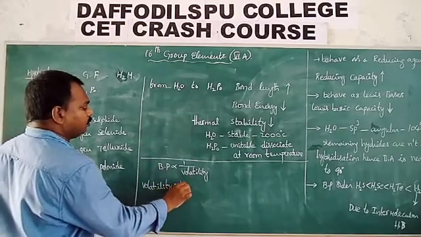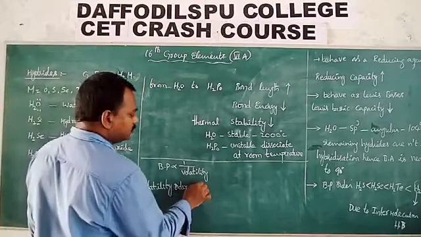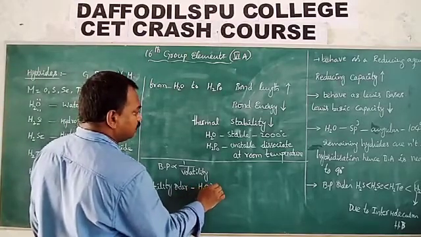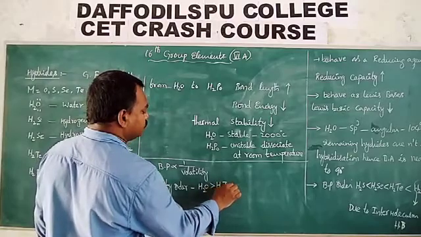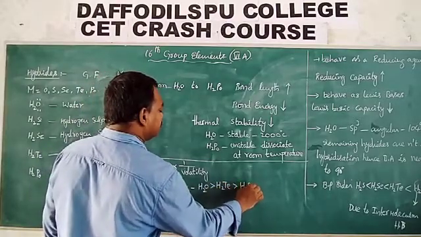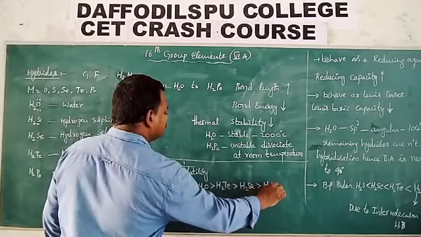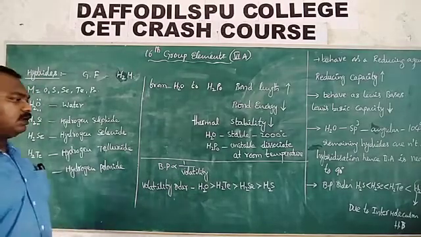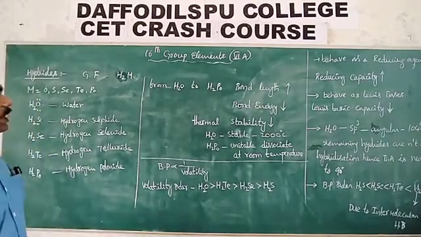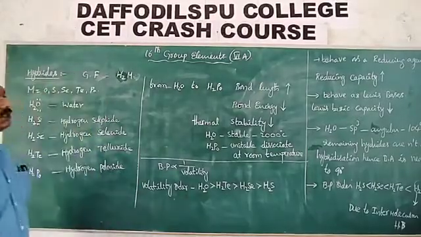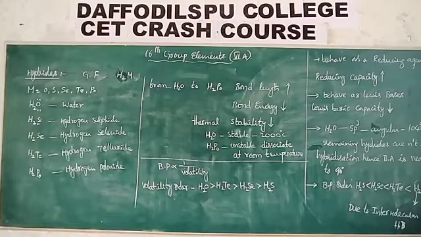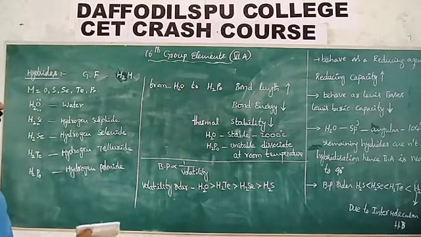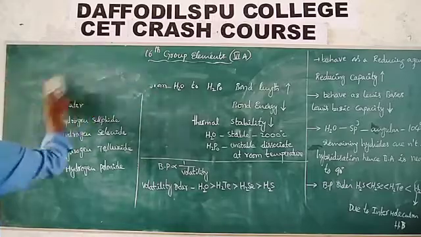The most volatile one is H2S, then H2Se, H2Te, and water is the least volatile. So this is about the hydrides of the 16th group elements.